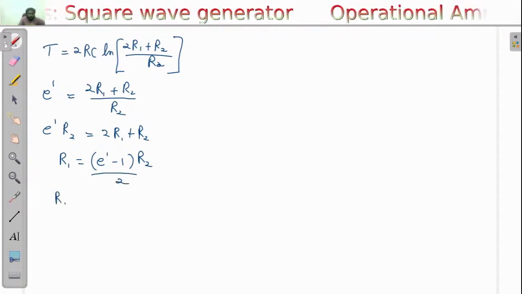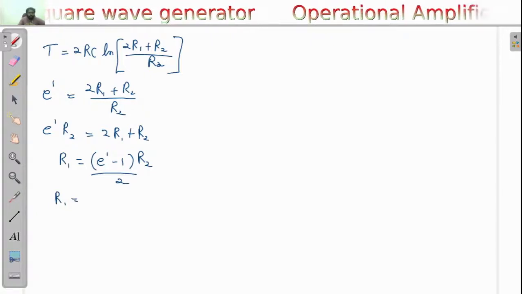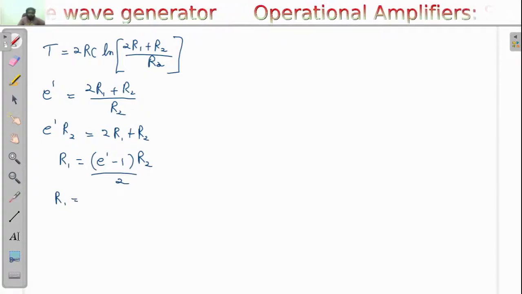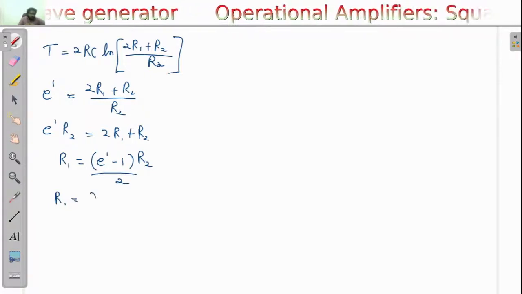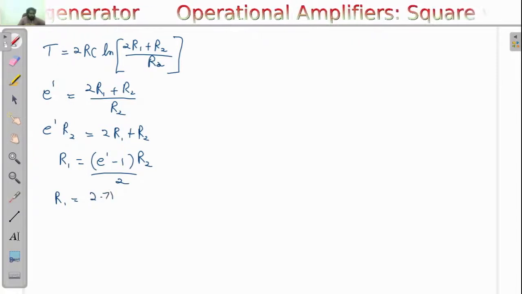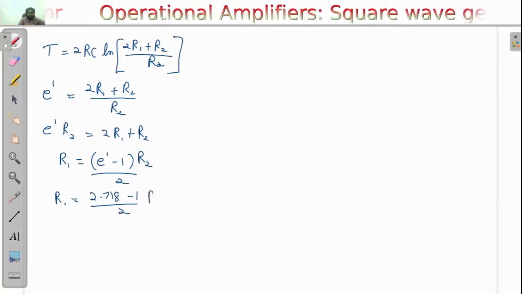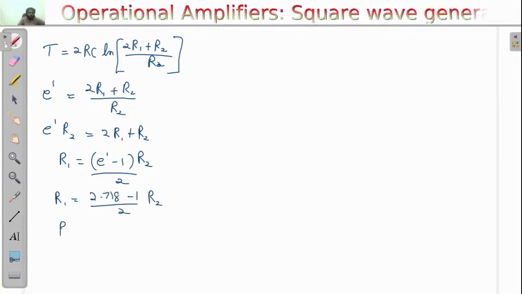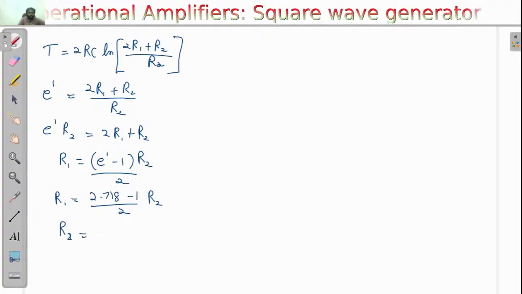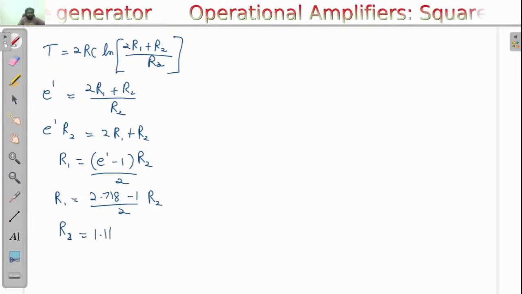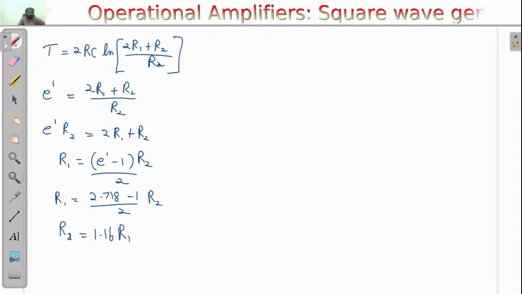When you substitute for e raised to 1, that is 2.718 minus 1 divided by 2 times R2, and you can find R2 is equal to 1.16 R1.